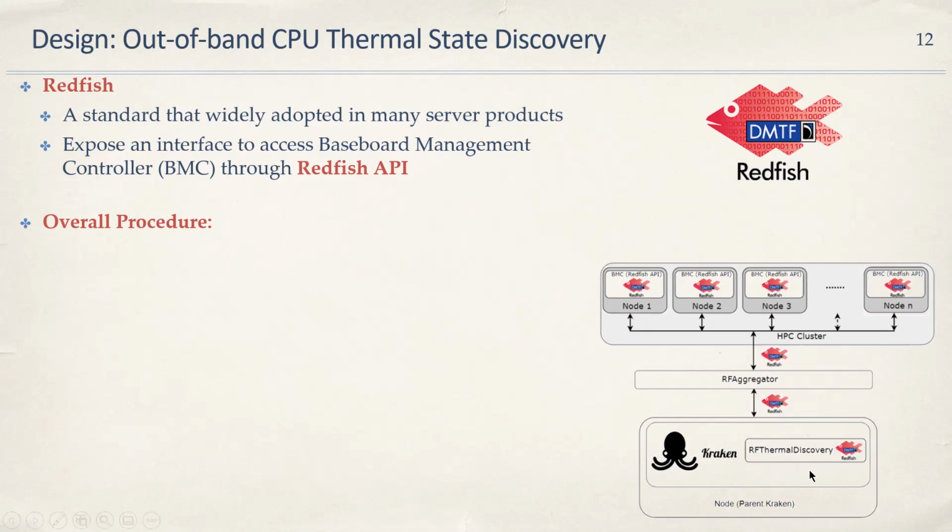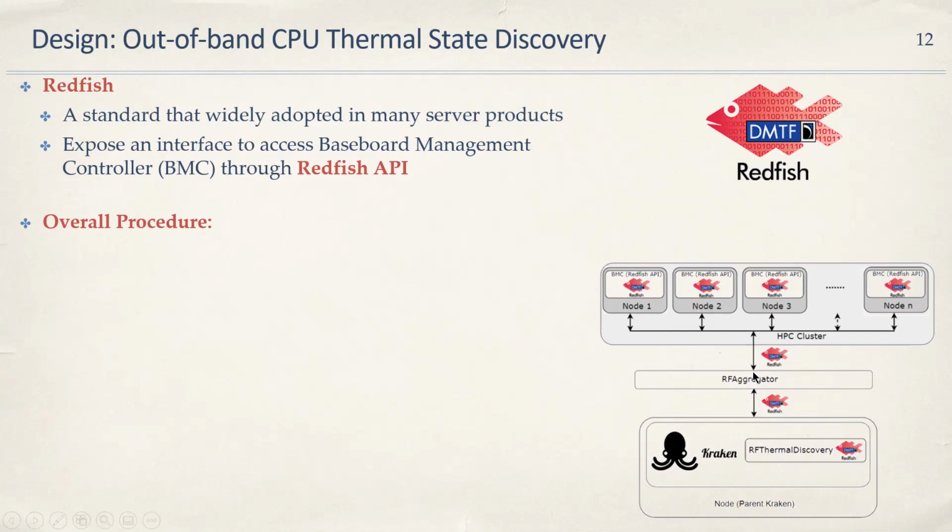What happens is that the Redfish thermal discovery wants to read the CPU temperature of each node. It initiates a Redfish group request, a single request for the whole cluster, to the RF aggregator.